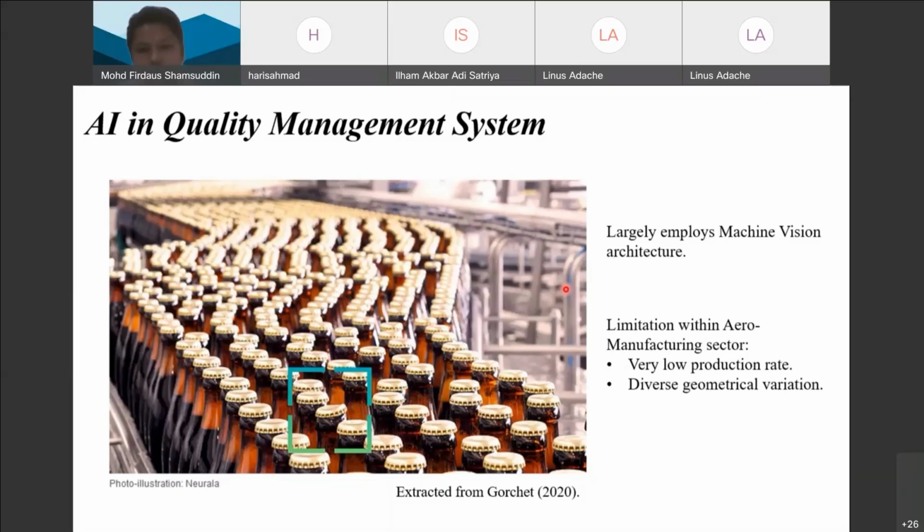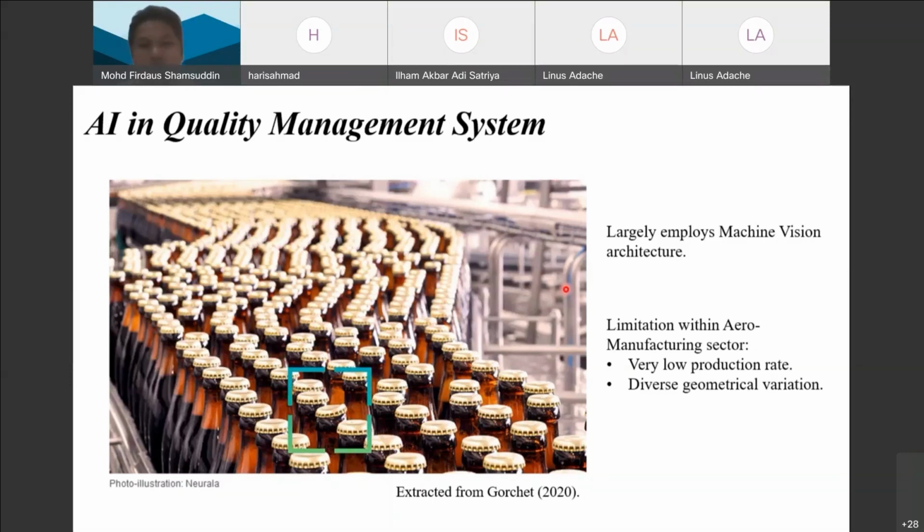However, this proved to be, I'm going to say, the biggest flaw in the aero manufacturing sector, because our production rate is very low. If we compare to, for example, the F&B industry in the picture here, they produce parts per million in maybe one day. However, for the aero manufacturing sector, it's only in double digits monthly.